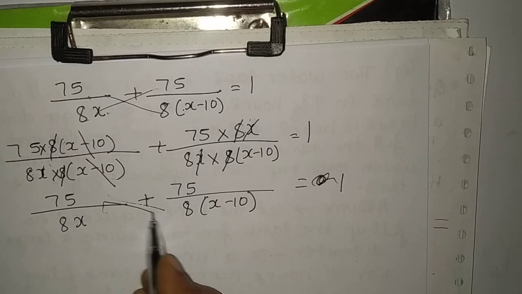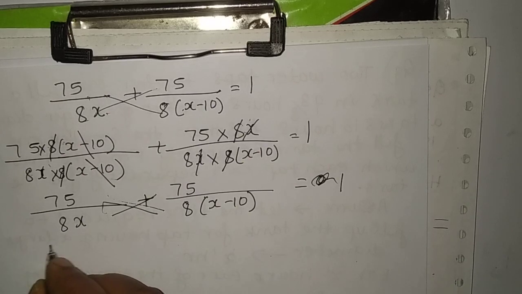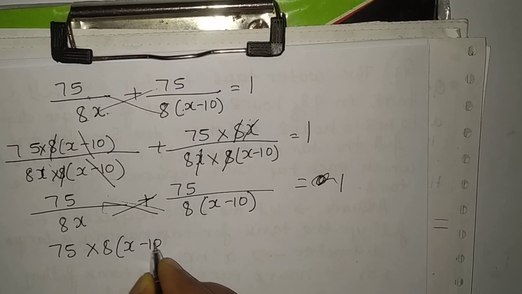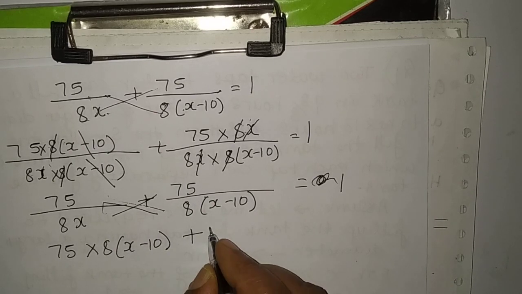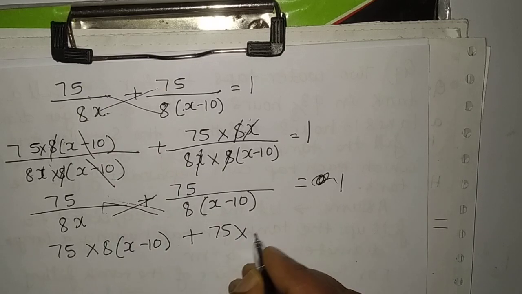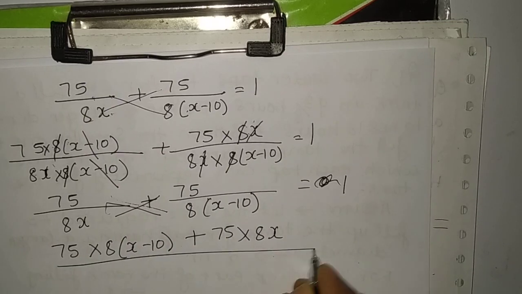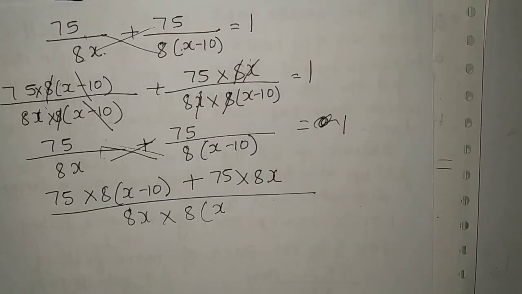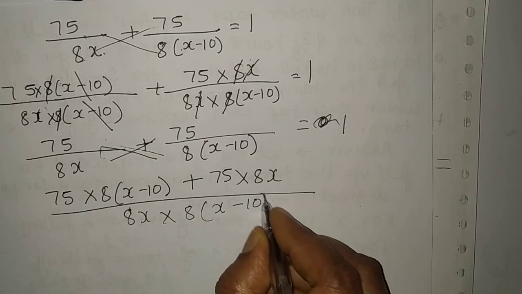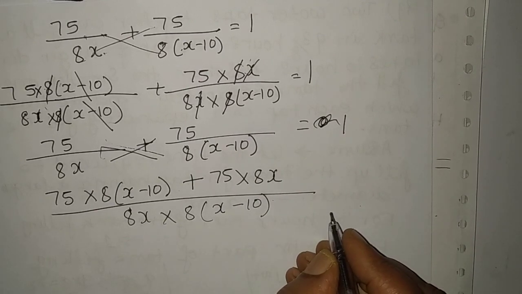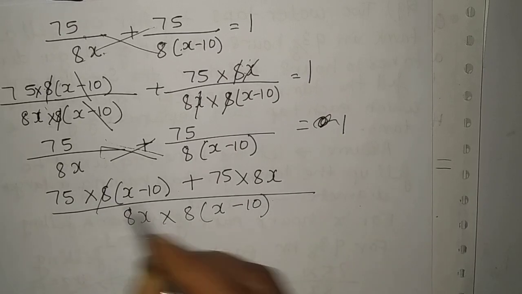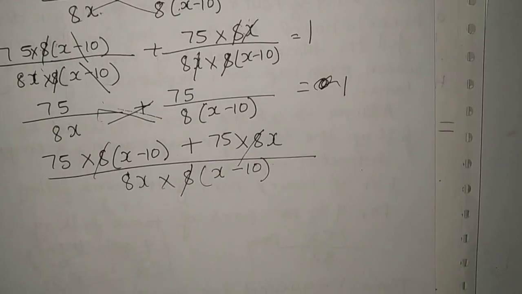Now again cross multiply. Cross multiplying, we get 75 into 8 into x minus 10 plus 75 into 8x, by 8x into the remaining denominator, 8 into x minus 10. So now what to simplify? 8 is common everywhere. Cancel this 8, 8, 8.